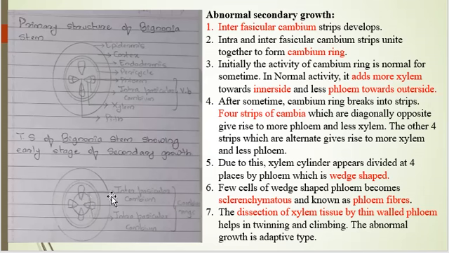Then intra- and interfascicular cambium strips unite together to form a ring.